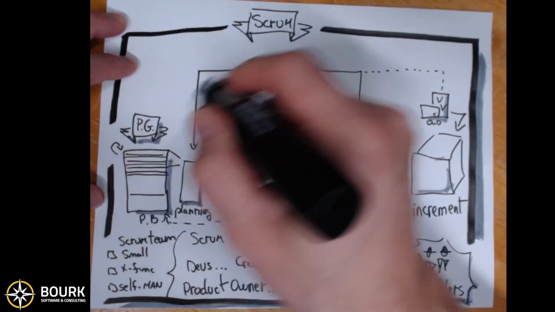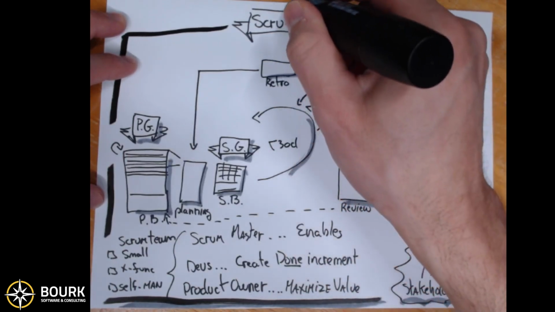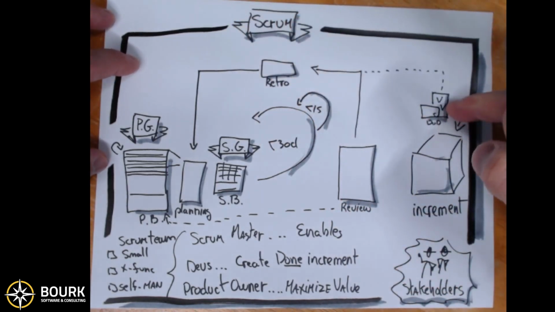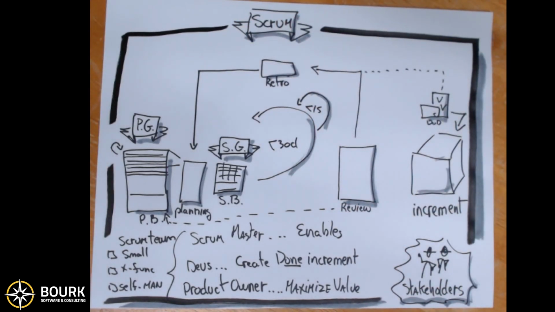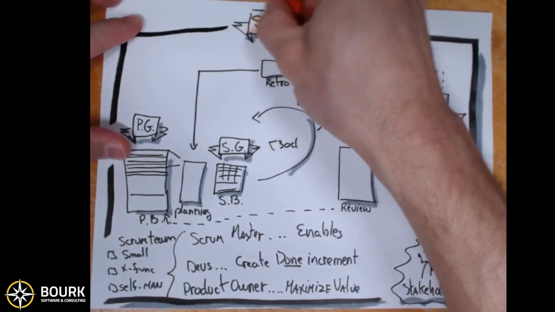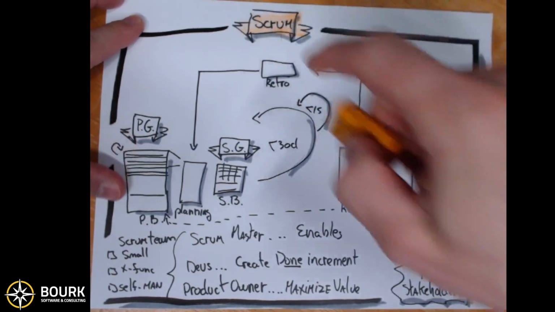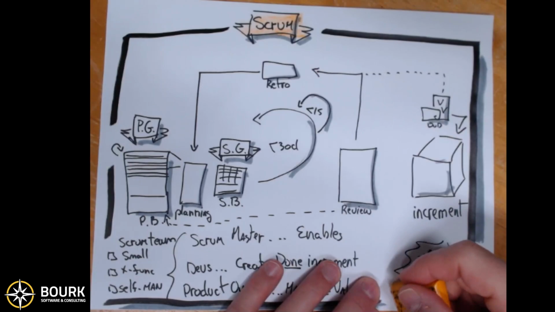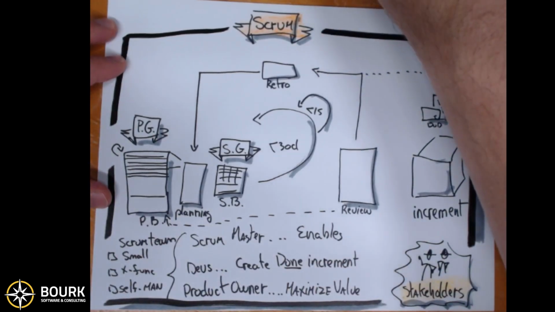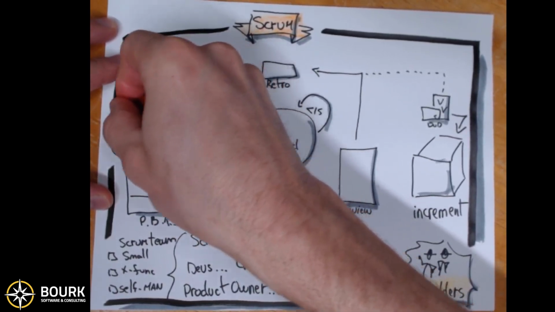Well, in the definition of done, you should have some tests that will test how fast the website is at all times. Those are going to be tested in the definition of done. To make sure that you minimize the amount of bugs, maybe you want to do some peer review. So in the definition of done, you can have that the task needs to be peer reviewed. So that's one thing that comes back often.